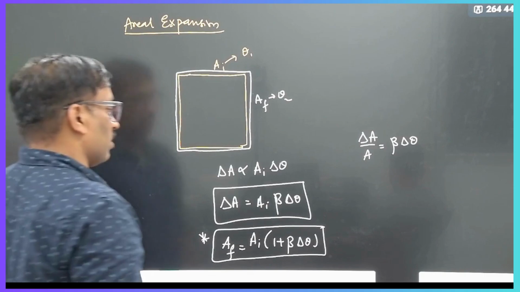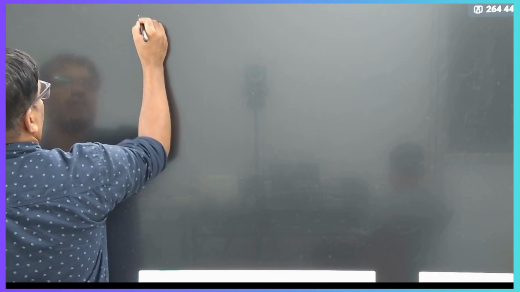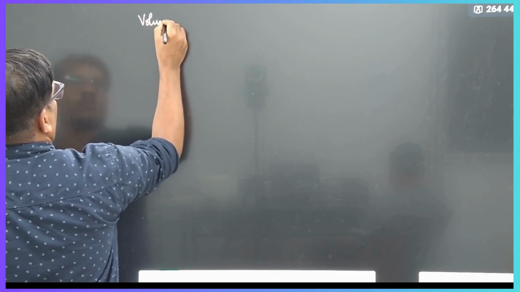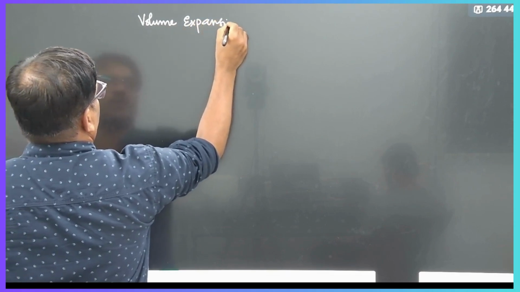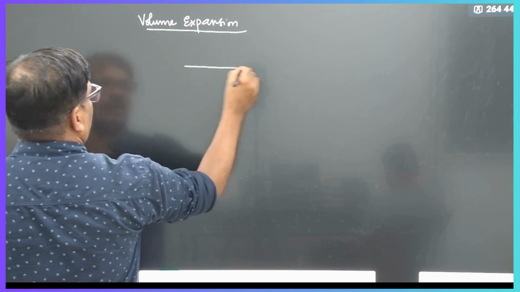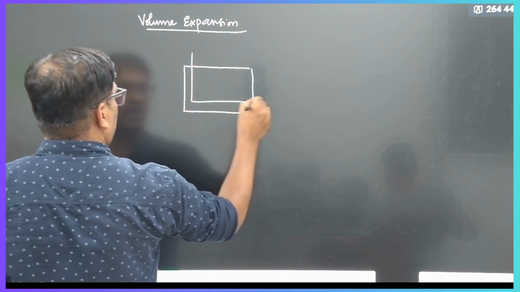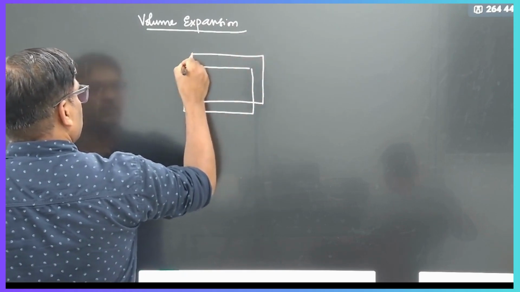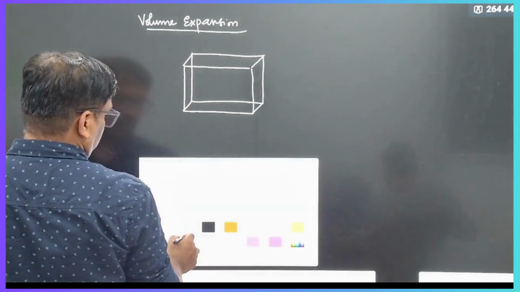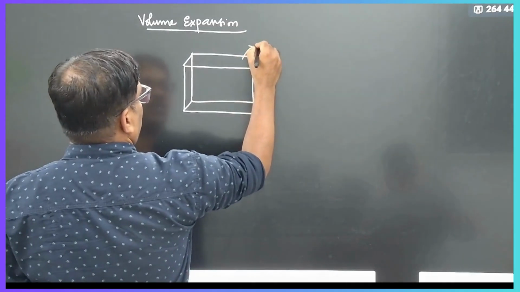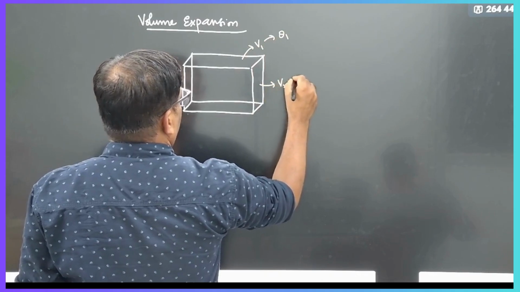Clear? Now similarly, we can go for volume expansion, or cubical expansion. What is the volume expansion? Exactly the same. Take a cube or cuboid. The initial volume is V1 when theta is theta 1, and the final volume is V2 at theta 2.